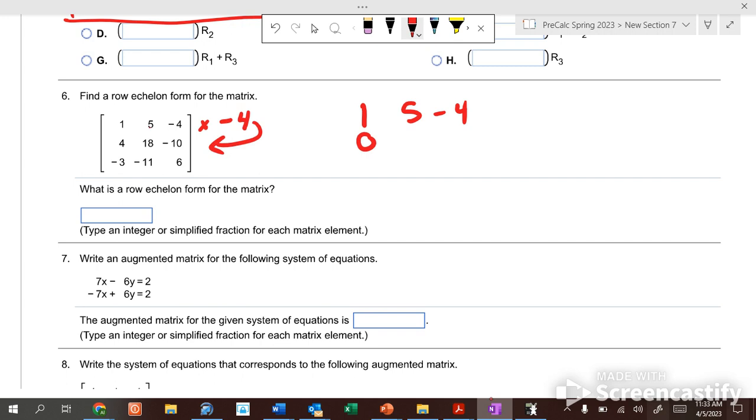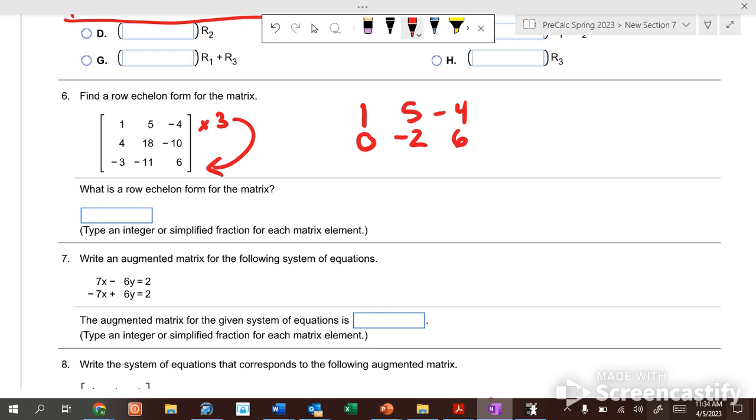5 times negative 4 is negative 20. Plus 18 is negative 2. Negative 4 times negative 4 is 16. Plus negative 10 is 6. Now, to get a 0 in the bottom row, I'm going to take the top row times 3 and add it to the bottom row. When you have a 1, that's the easiest thing to do.